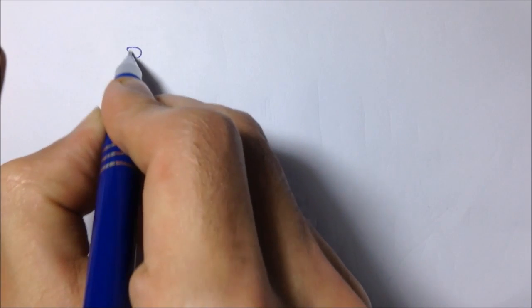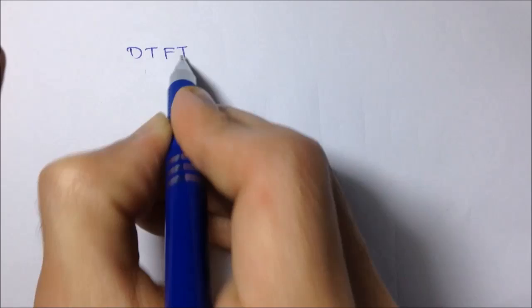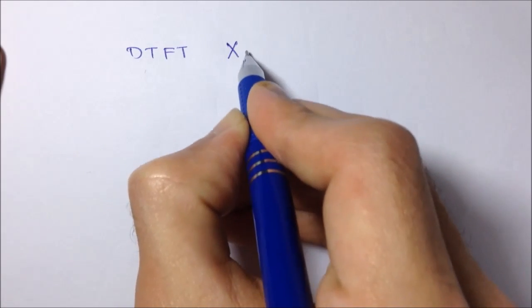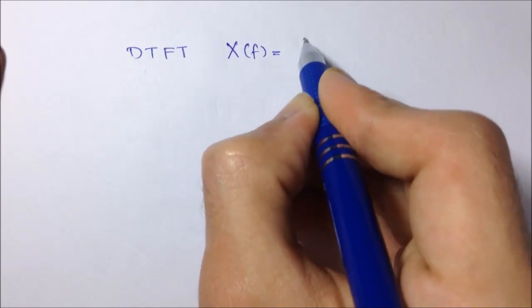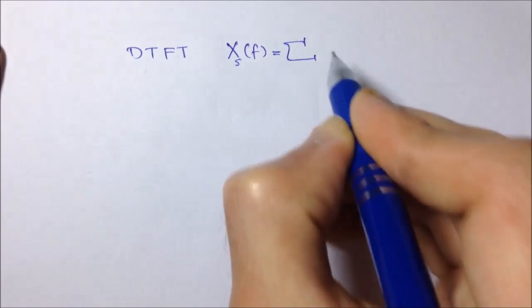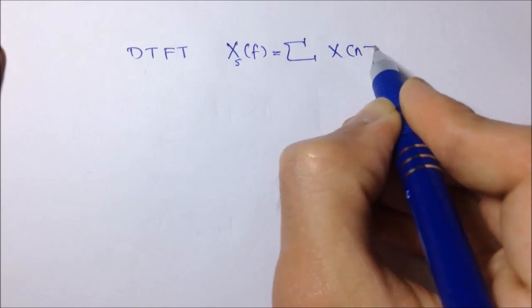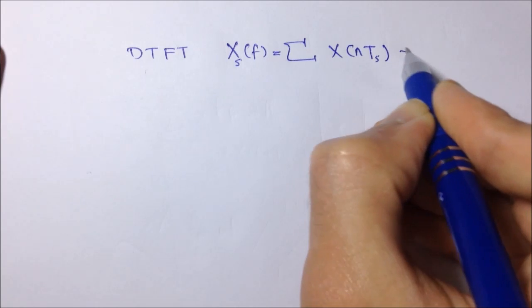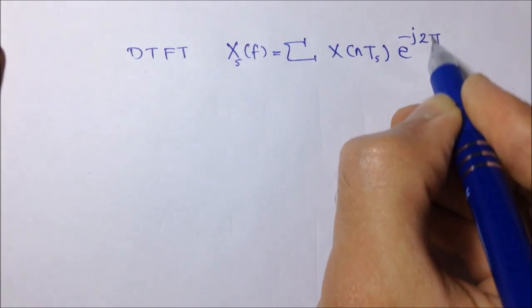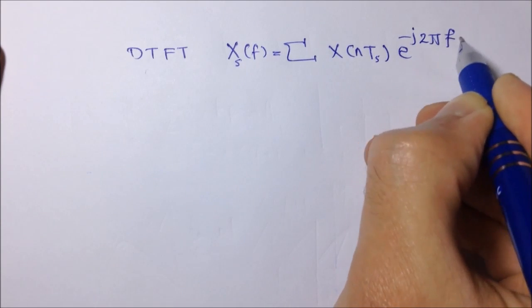Yes, now I'm going to summarize the whole lecture. We got the formula of the discrete time Fourier transform, which was X s of f equal to the summation of X of nTs e to the minus j 2 pi f nTs.